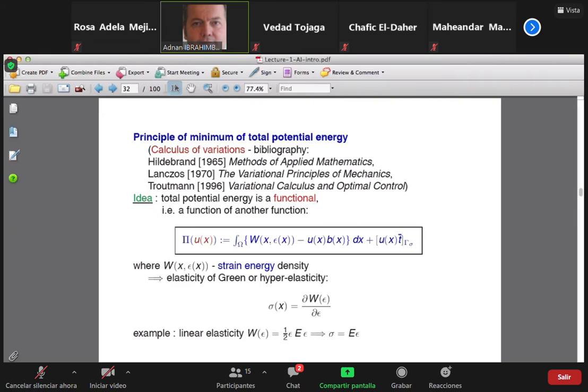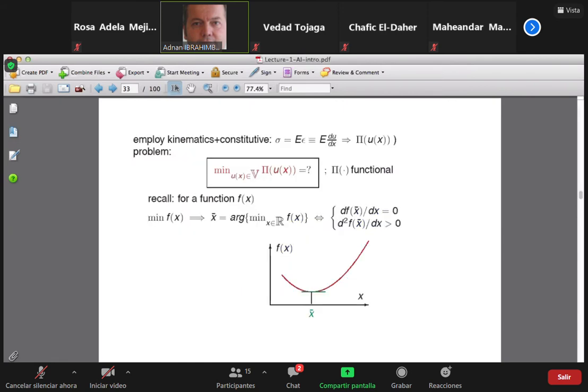And so how do you compute the minimum? Because this is the principle of the functional. For a function, it's easy. A function f of x is defined. This is an illustration of it. You can say that the minimum is decided by two conditions. First, the first derivative at the particular point where the minimum is, which we call x bar, should be equal to 0.